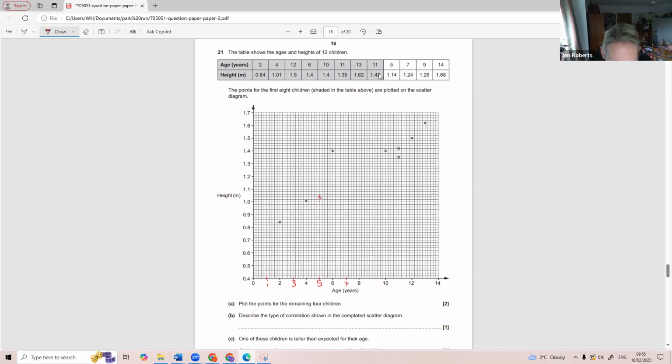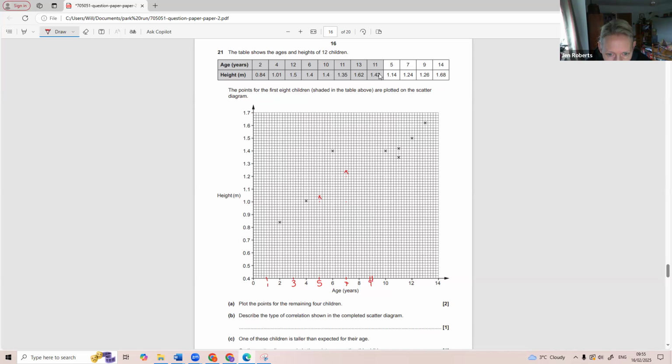Sorry, this is making my eyes go funny. 1.2, 1.22, 1.24 is there. 9 and 1.26.